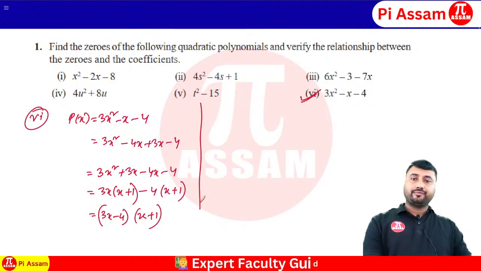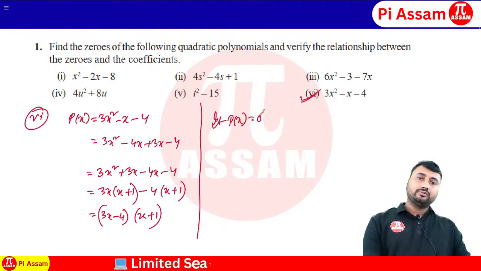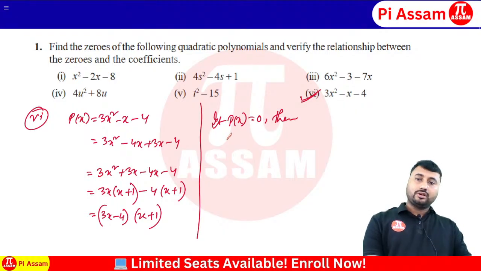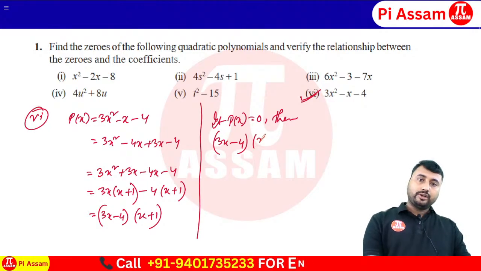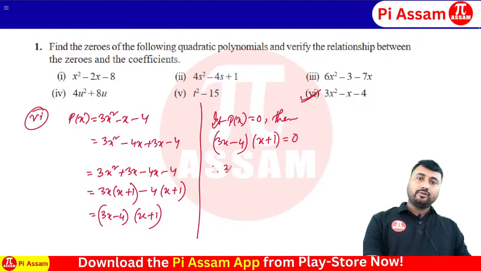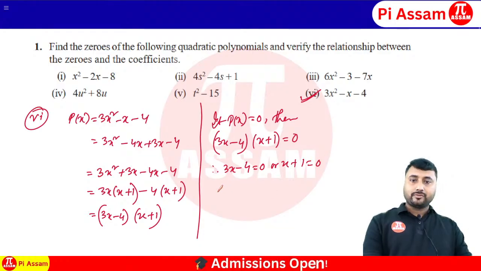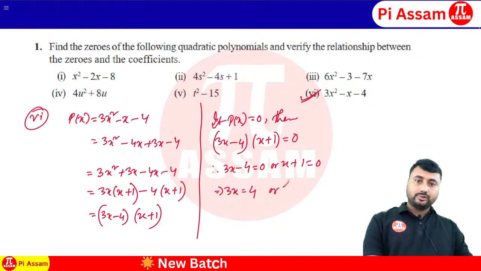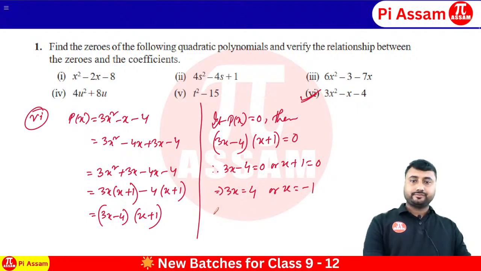So if p of x equal to 0, then 3x minus 4 whole into x plus 1 is equal to 0. Therefore 3x minus 4 equal to 0 or x plus 1 equal to 0. Therefore 3x equal to 4 or x equal to minus 1.